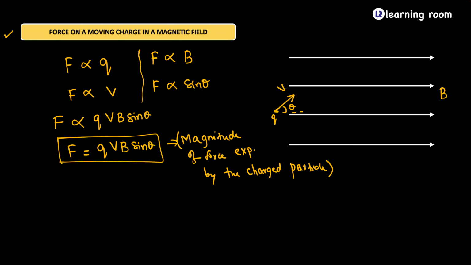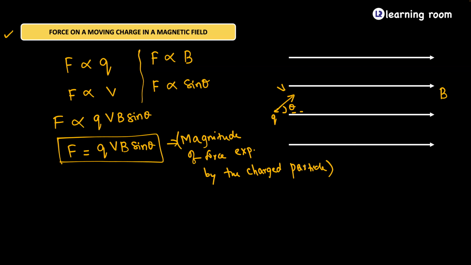Now, since force is a vector quantity and velocity and magnetic field are also vector quantities, I have an operation of the product of the magnitudes of two vector quantities and the sine of the angle between them. So what is the vector operation I can think of between these two? Obviously, it is the cross product.